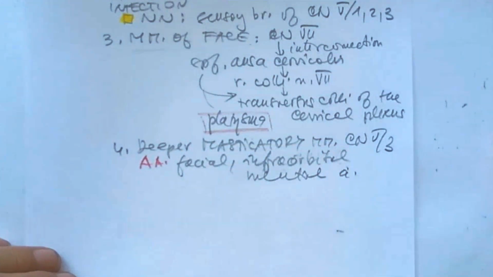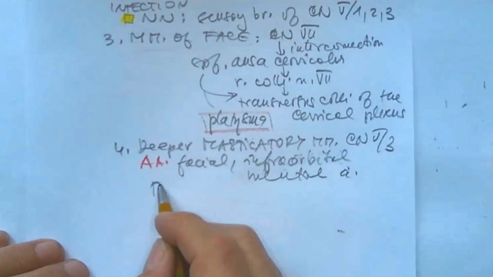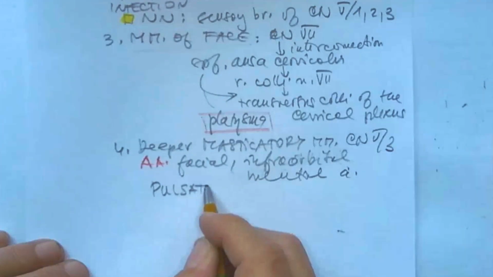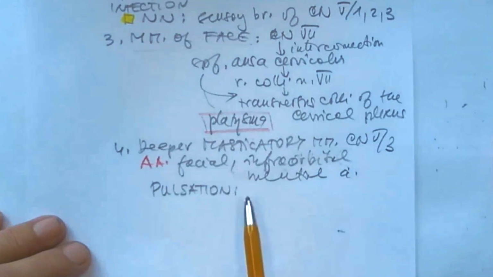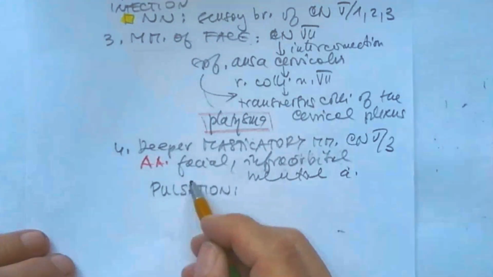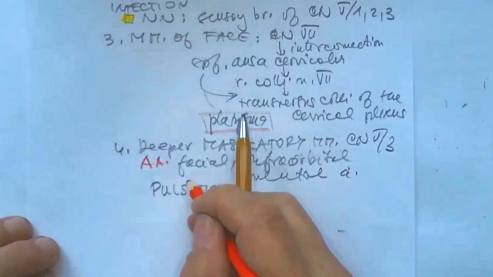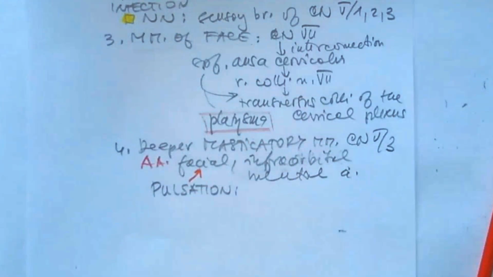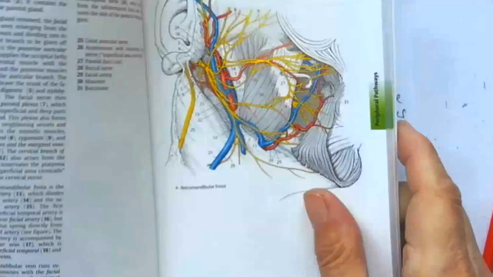What else? Then we need also information concerning pulsation, where we can feel pulsation. In fact, on the facial artery, that means where the facial artery crosses the margin of mandible, one place, and the second one, the superficial temporal on the face. So we have a diagram.